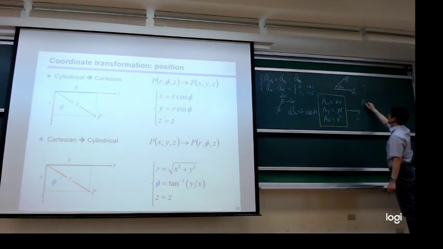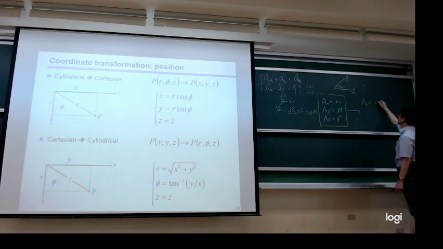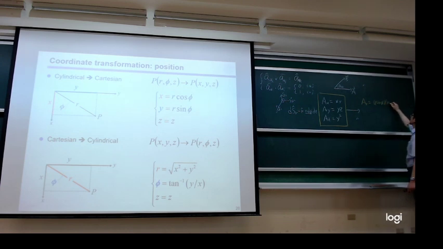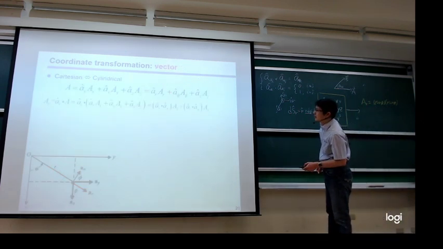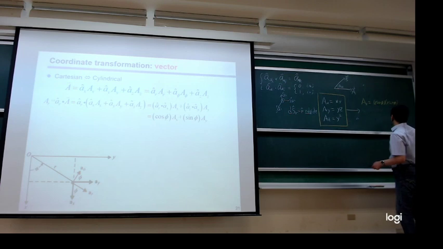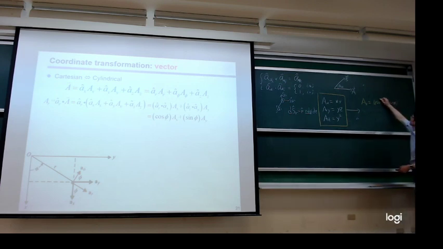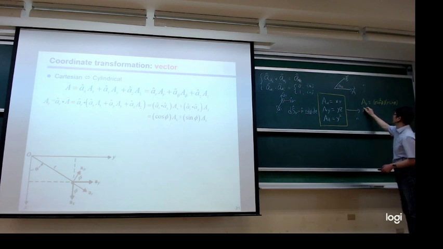So A R equals, x is r cosine phi multiplied by r sine phi, and then multiplied by cosine phi. So it's squared. Right?